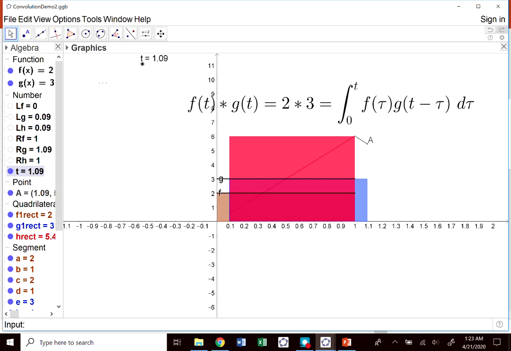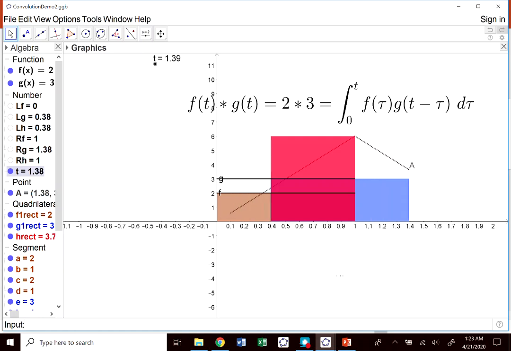And if we scoot past this 1, right now t happens to be 1.09, I make it 1.1. So the overlap, the area is now reduced, right?